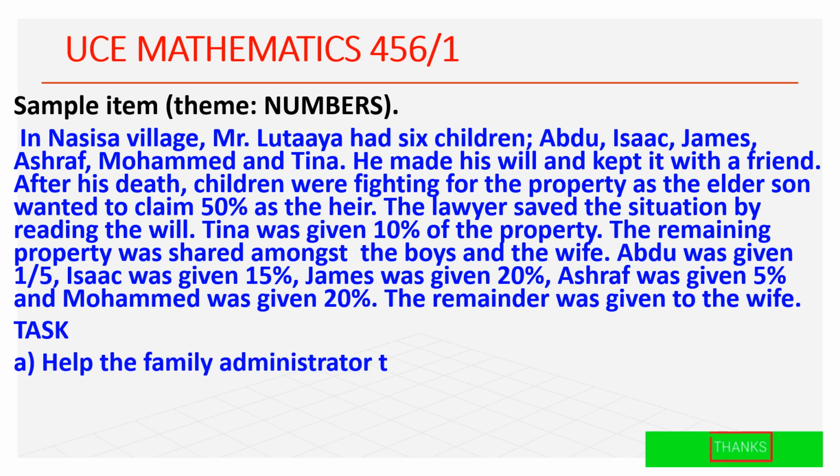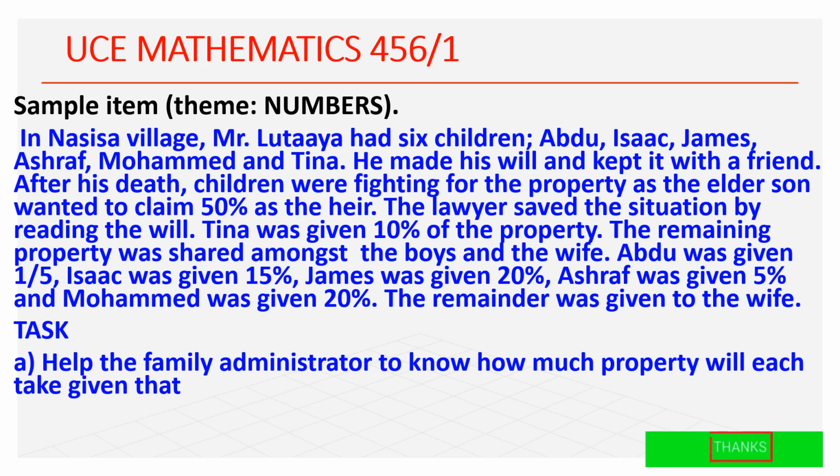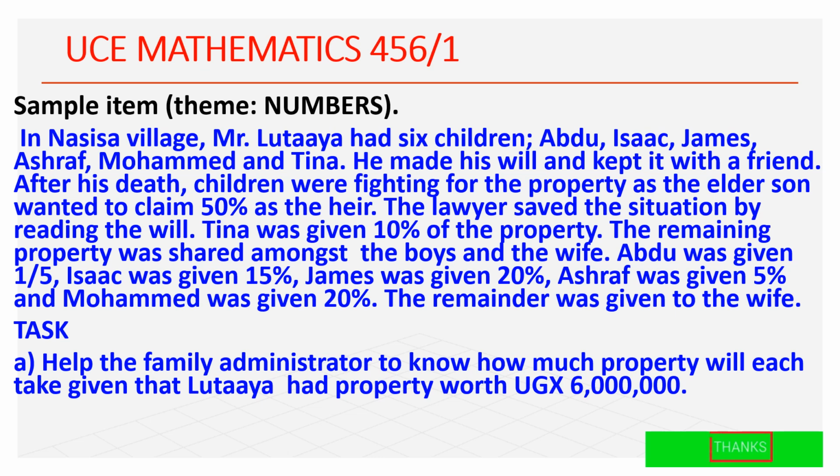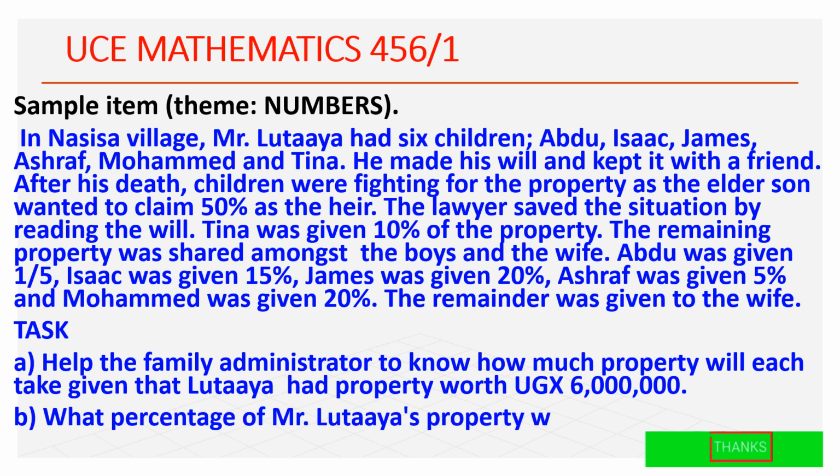Part A. Help the family administrators to know how much property will each take, given that Lutaya had property worth Uganda shillings 6 million. What percentage of Mr. Lutaya's property was allocated to his wife? That is part B. So let's rush to the responses.